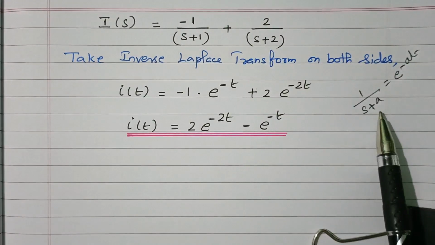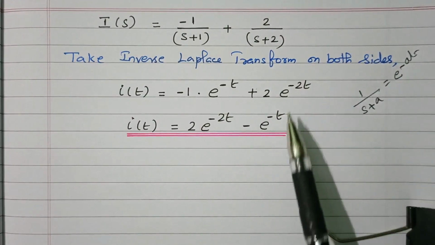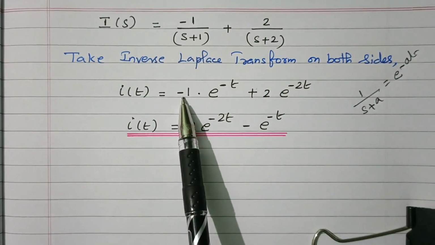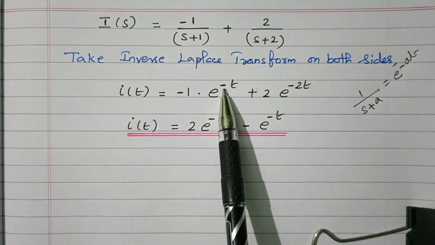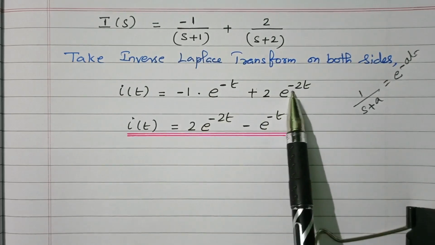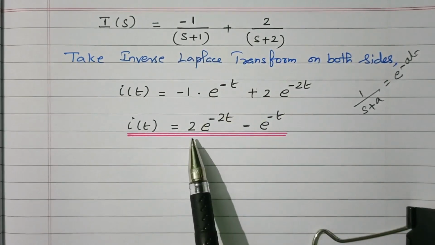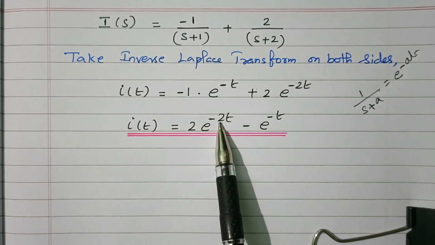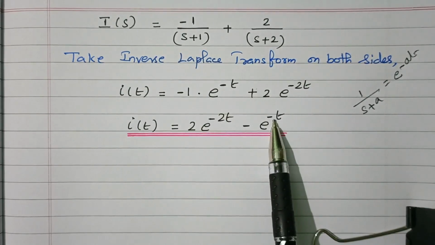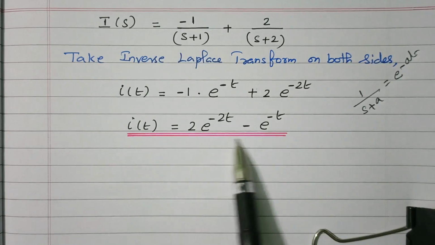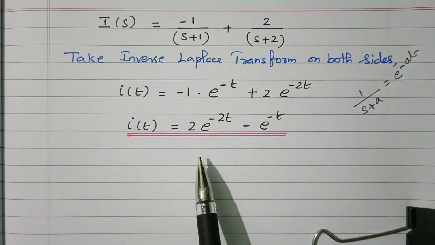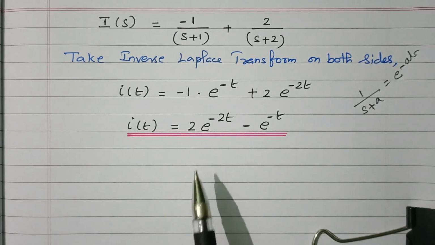In the second case a is 2, so e power minus 2t. So we get minus 1 into e power minus t plus 2 into e power minus 2t. We can rearrange: 2 e power minus 2t minus e power minus t. This is the final expression for the transient current, the current flowing through the circuit.